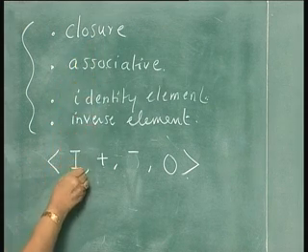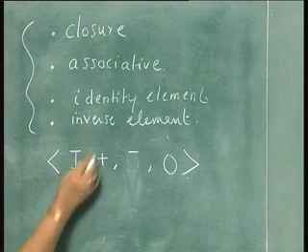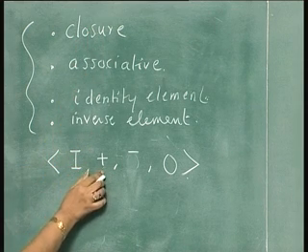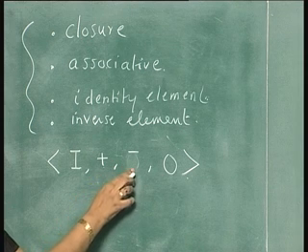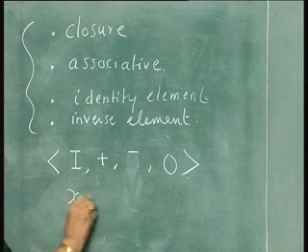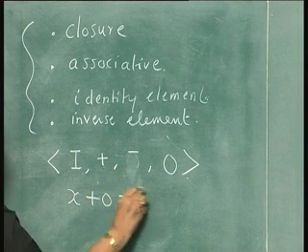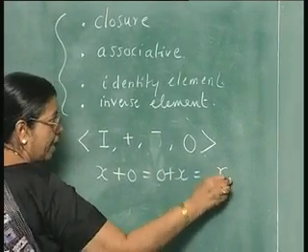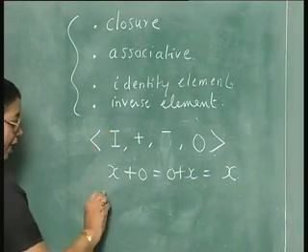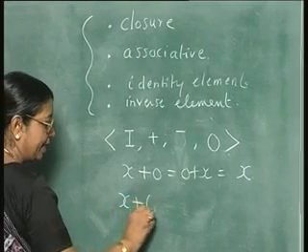If you take 2 elements, it will be closed. The addition of 2 integers will give you another integer, and addition is associative, that is also true. Again, existence of the identity: x plus 0 is equal to 0 plus x is equal to x. Then the inverse element, for every x, minus x is the inverse element.